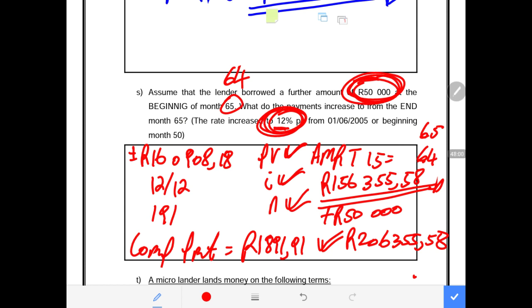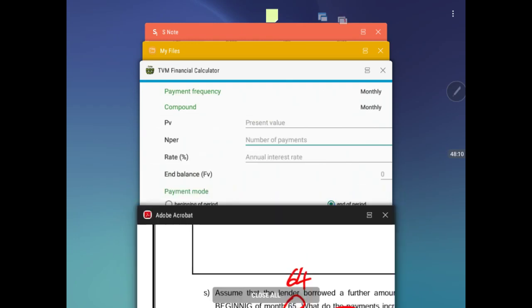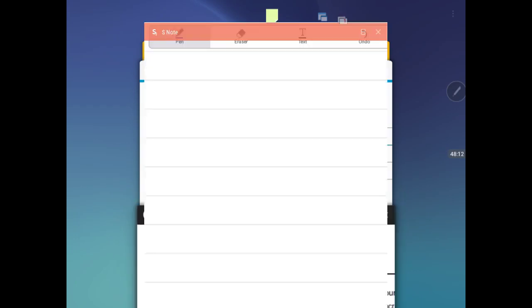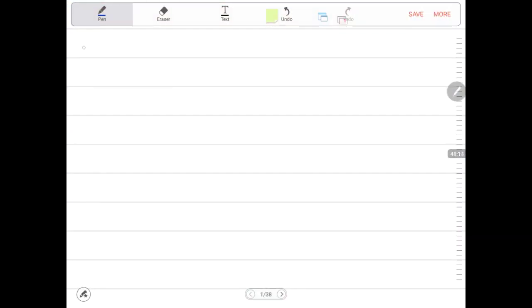Then we need to calculate our new PMT. Let me just take this balance and we start on a new page because of the limited space. Then we say plus minus 206,355.58 is plus minus our present value.